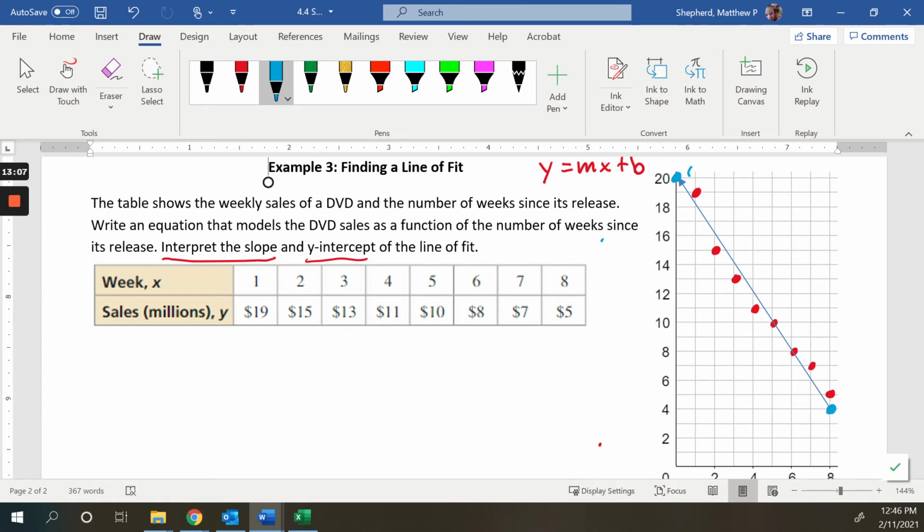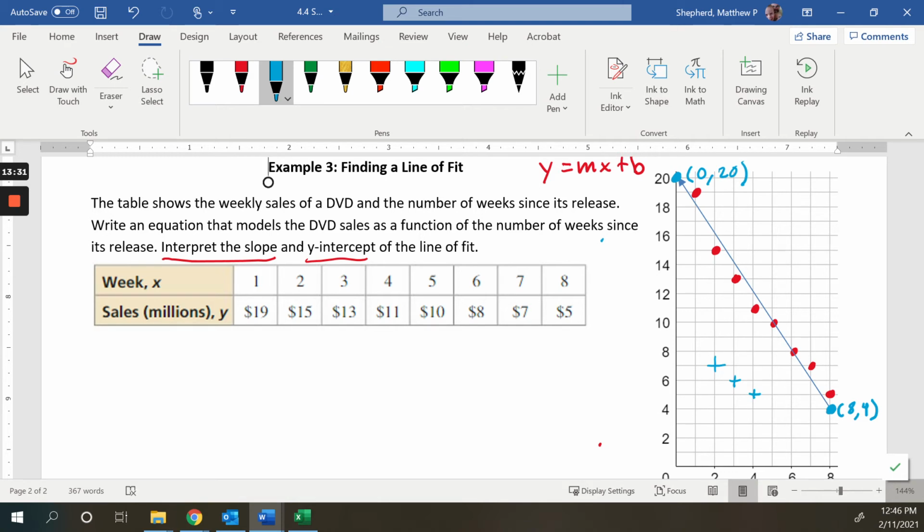Okay, so those two points are going to be (0, 20) and (8, 4). So you're looking for where the line you just drew crosses a lattice point. Lattice points are where these little up and down lines cross. So that's a lattice point, that's a lattice point, that's a lattice point.